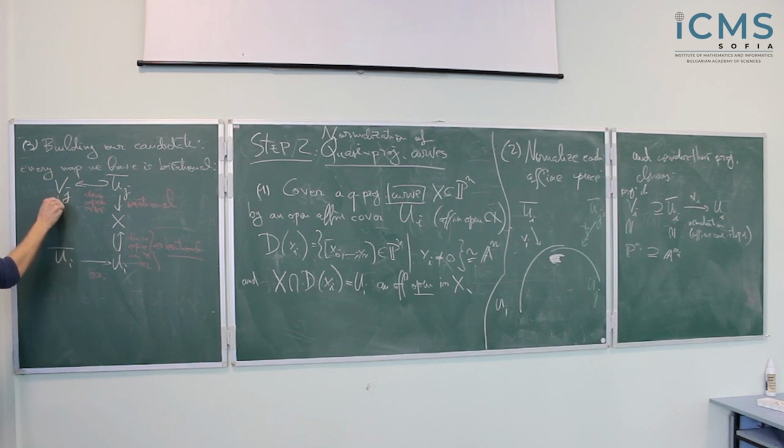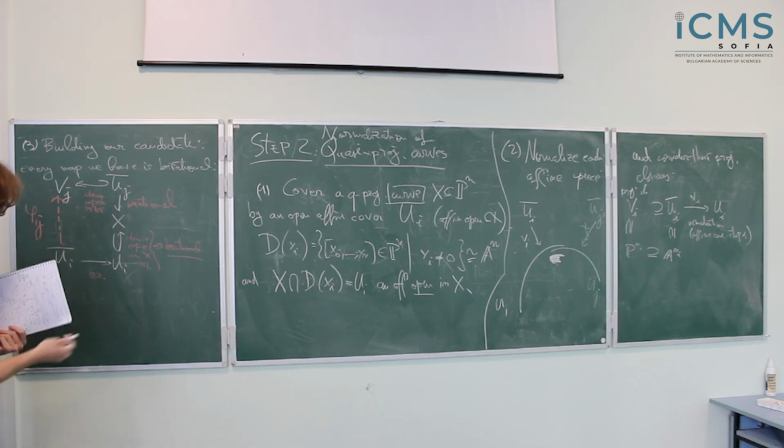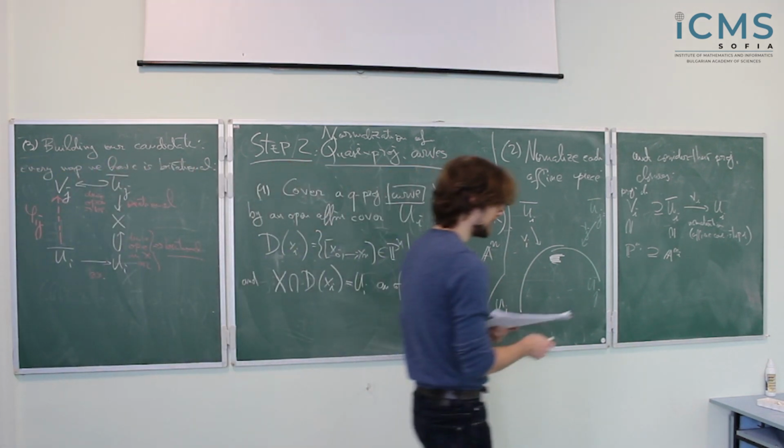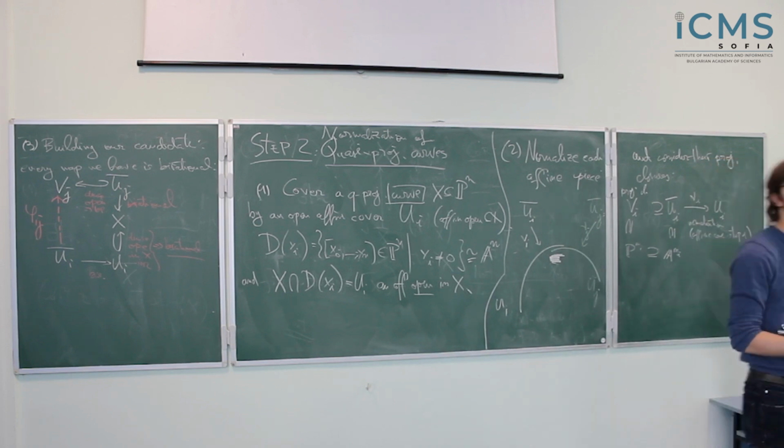So I can consider a birational map just by going along this path, let's say a path of different birational maps. But there is an extra ingredient in our work.